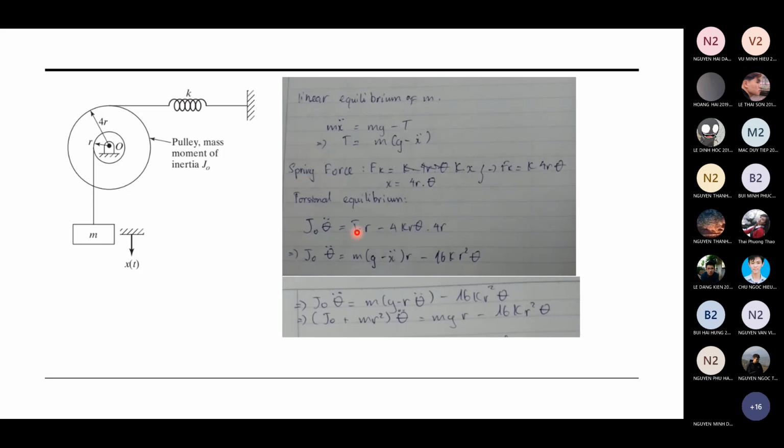Secondly, you give me the equation of motion with this coordinate theta. If this is right, it is still right, but you need to give me a transformation equation from theta to h. If so, I will give you the mark 10. But everyone gives me this answer with only the equation in the coordinate theta.